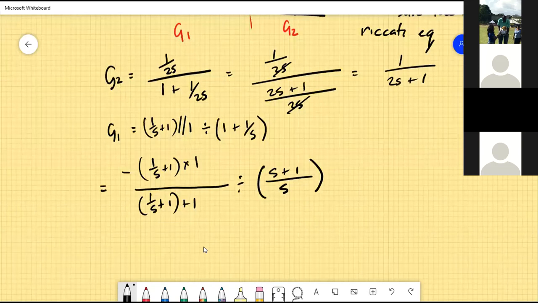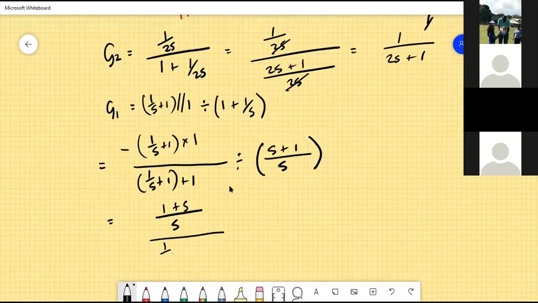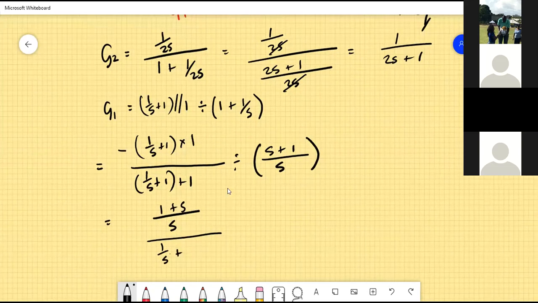So this times 1 would be, common denominator is s, 1 plus s over 1 over s plus 2. This is 1 plus 1 is 2 multiplied by s over s plus 1.